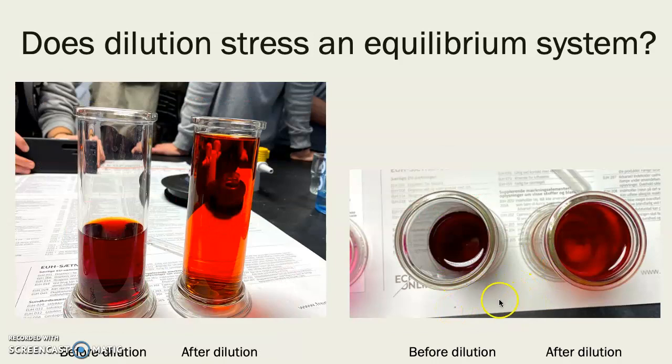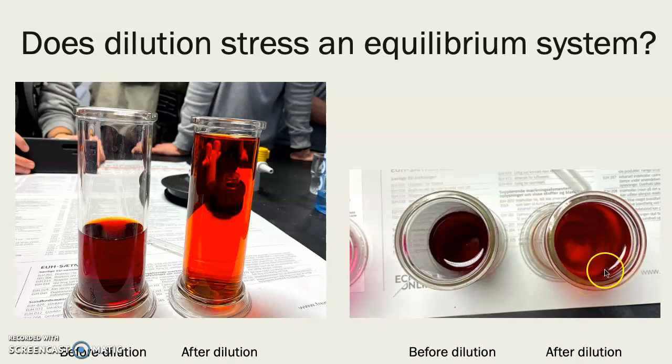We took our solution, and this one is before dilution, and this one is after, and they just look the same color, and we can see it has become slightly lighter red, and the same after the dilution seen from the top. And this is because a new equilibrium is established.